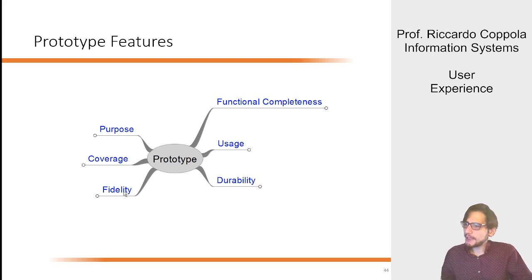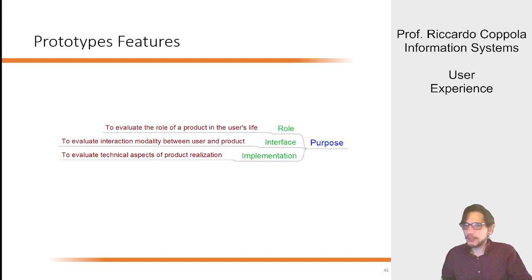What is the fidelity with the system, so how representative is it of the final system? Is it super simple or is it super connected to the final system? What is the functional completeness, so how many features of the final system we cover? What is the use that we need to make of the prototype? And how long it will be valid, representative of the system.